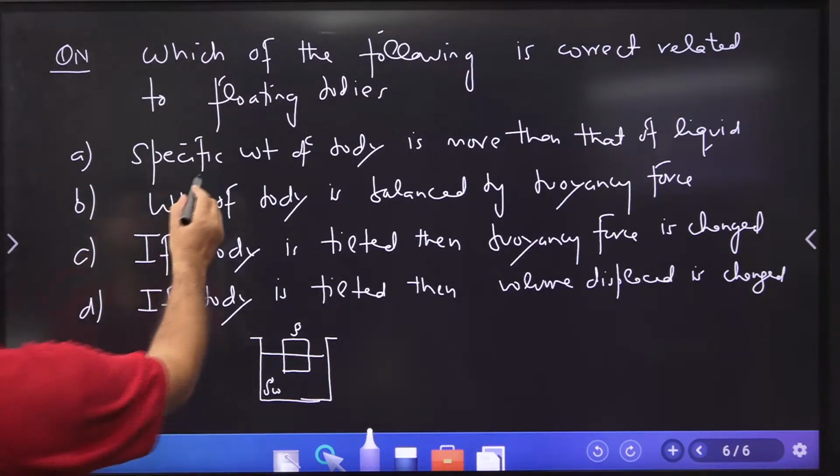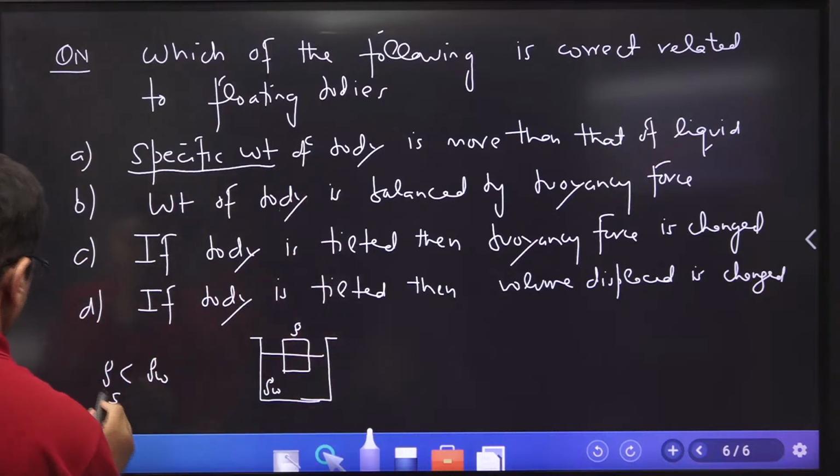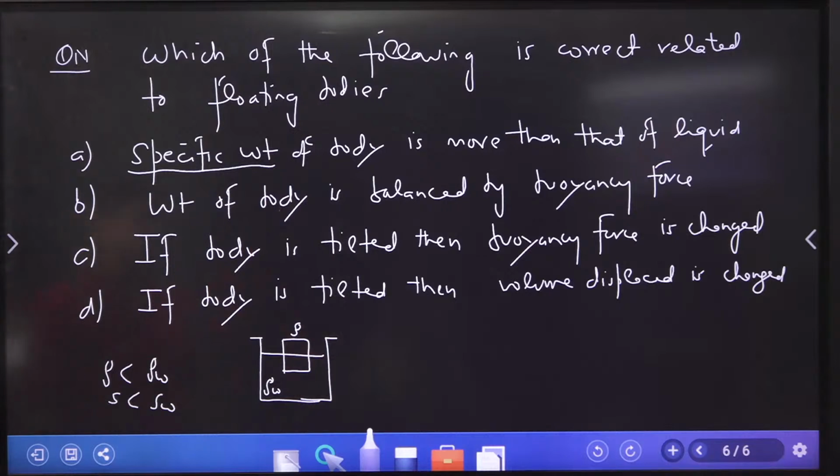Similarly, specific weight is weight per unit volume, that is rho into g. Basically we are talking about the density here.